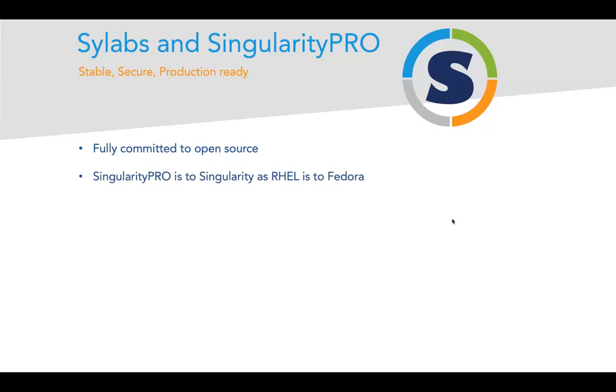You can think of SingularityPRO as being to Singularity essentially what Red Hat is to Fedora. So with SingularityPRO, we commit to long-term support for several different releases. Whereas in the open source version of Singularity, really technically only the latest version of Singularity is supported.